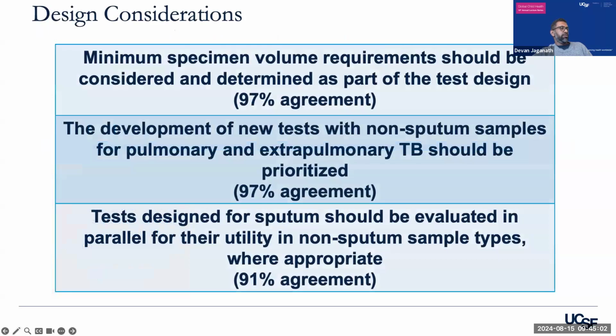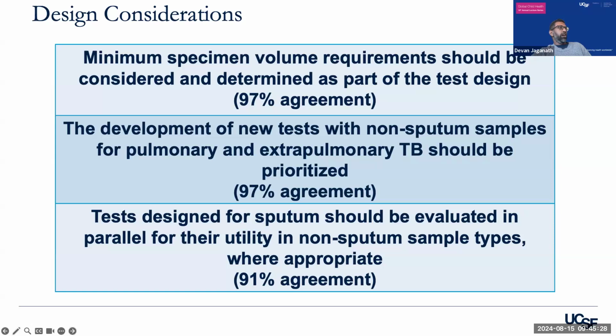So in terms of those statements, and again, the paper that we sent out, or we can send out later, you can read that at your own time, and so I'll move through these fairly quickly and just highlight some of the key themes. But similar to what we heard from the qualitative work and also past TPPs, is really the importance of minimum specimen volume.